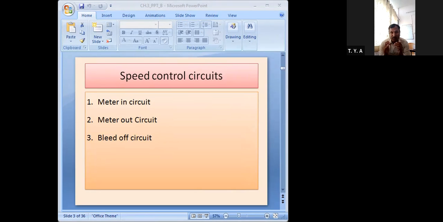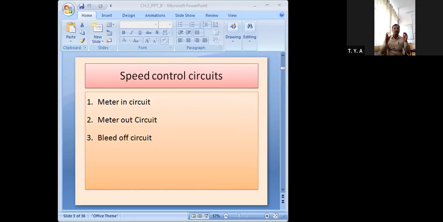It should be noted that the location of the flow control valve with respect to the other components in the hydraulic circuit will have an effect on the characteristics of the circuit performance.